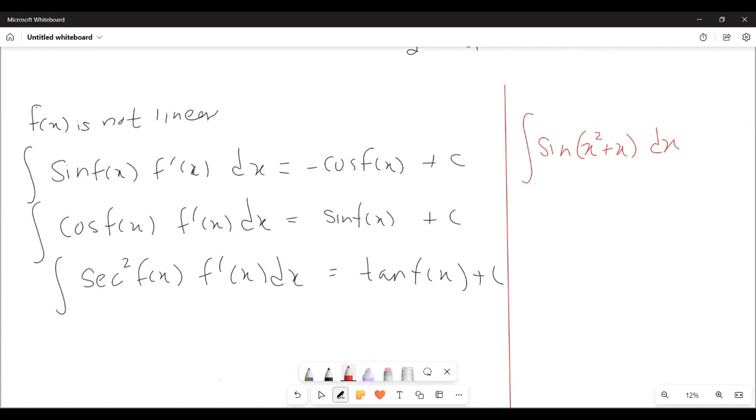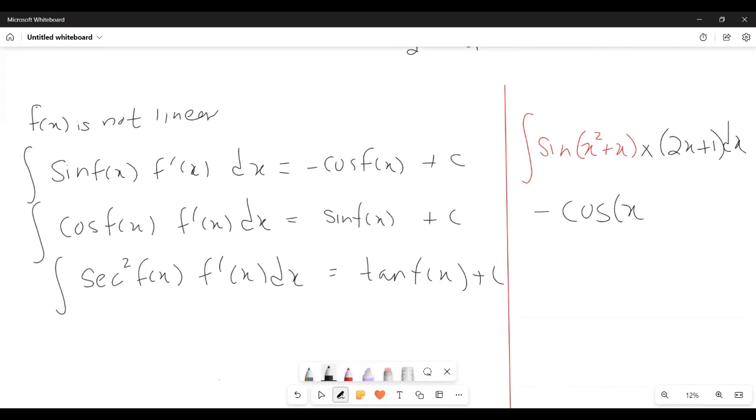You cannot integrate this directly unless there is an f prime x with it, which is 2x plus 1. वो multiply हो रहा होगा उसके साथ और फिर आपको कहेंगे कि इसको integrate करो. So then the result would just be minus cos fx plus c. That's it.